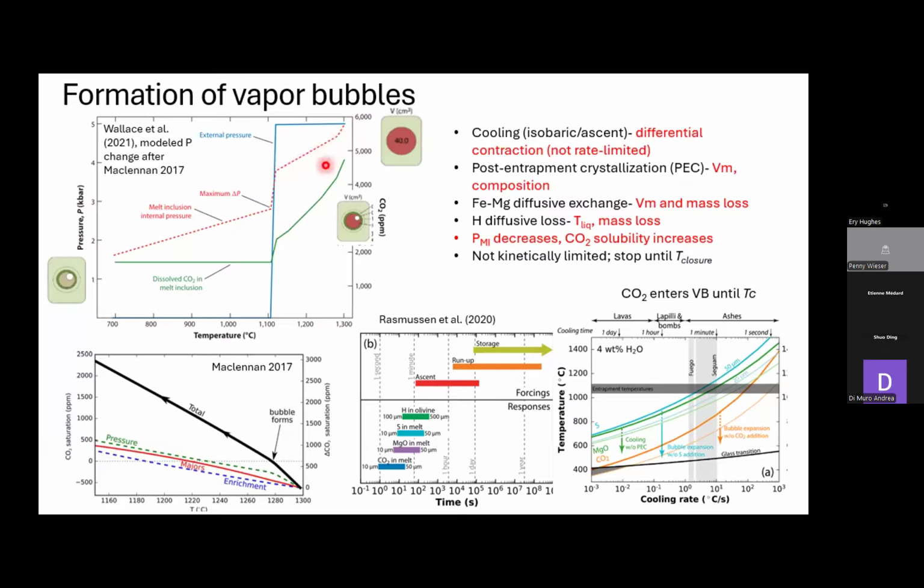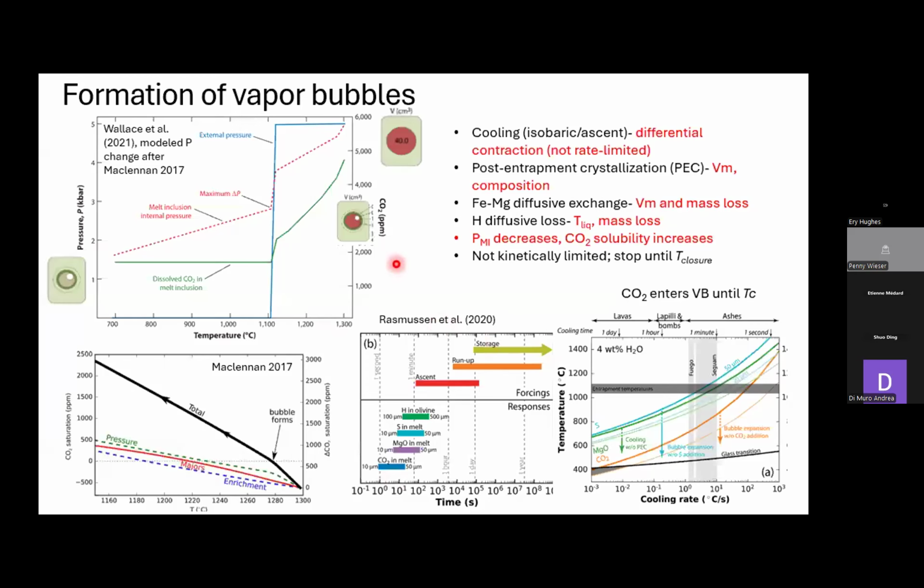Because CO2 solubility is really sensitive to pressure, if we assume the melt inclusion is vapor saturated at entrapment, the CO2 concentration in the melt inclusion, shown in this green curve, would decrease, and the excess CO2 would go to the vapor bubble. The diffusion time scale of CO2 is significantly faster compared to all these magmatic processes. This is a figure from Rasmussen et al. 2020.